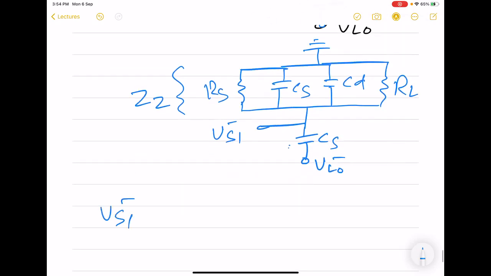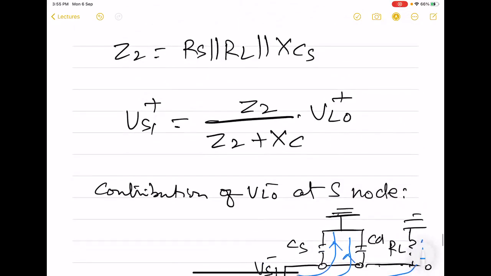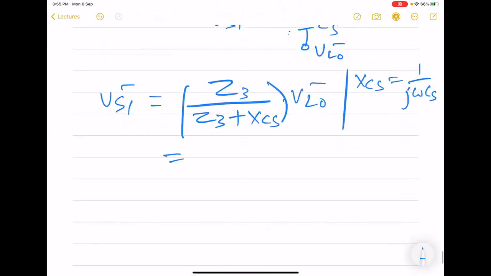So Vs1 minus becomes Z3 divided by Z3 plus XCS into VLO minus. So this factor is different from this factor. So we can call this alpha VLO plus, and this is a certain factor beta VLO minus.